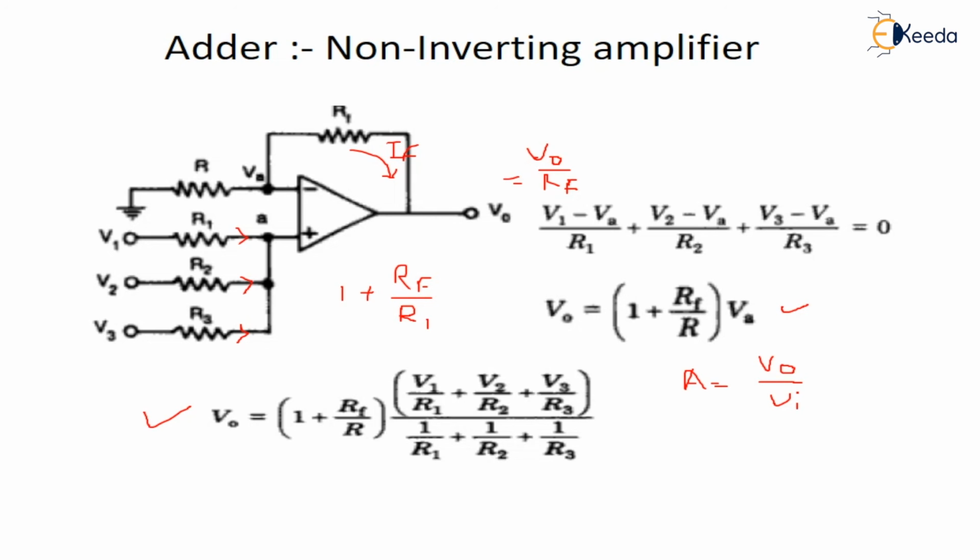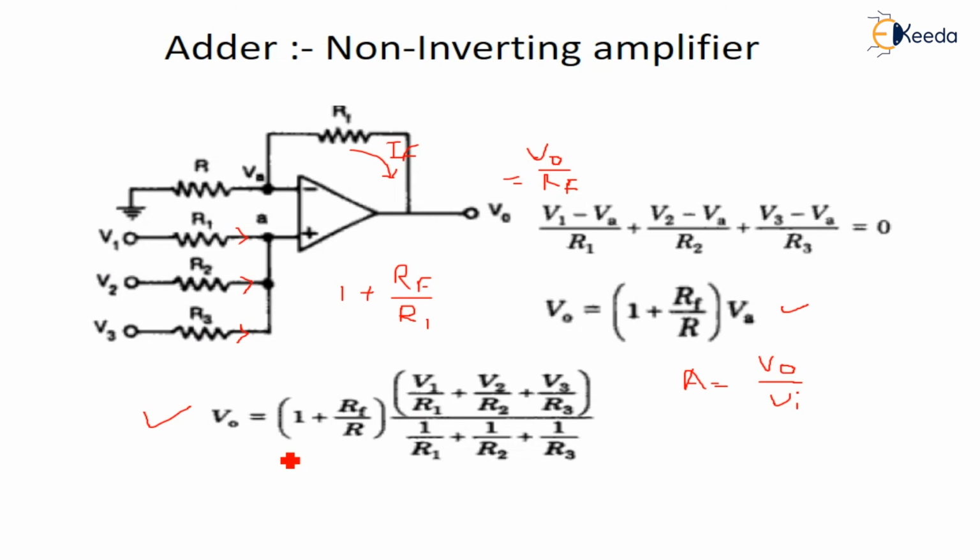In the exam they may not ask for the derivation. They may ask some numericals based on the adder and the subtractor. So we just have to substitute the input voltages in this formula, and you will get the final value.